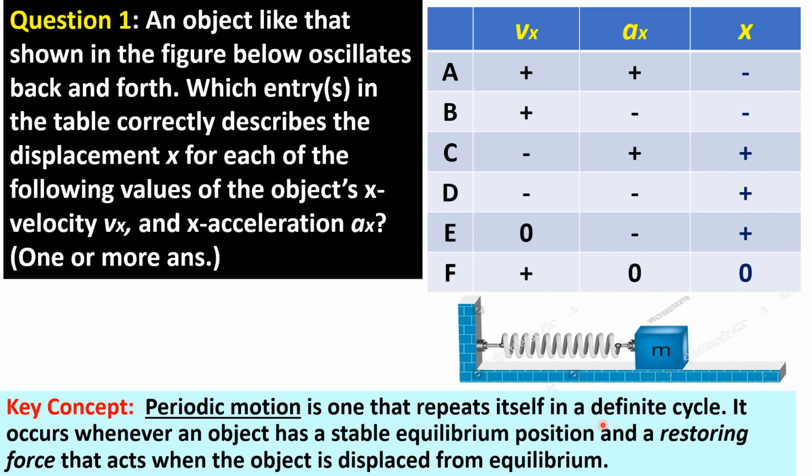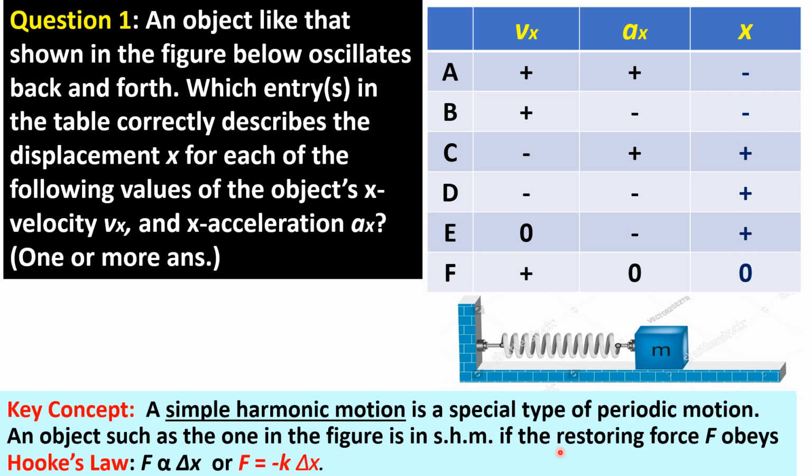It occurs whenever an object has a stable equilibrium position, also known as the relax or rest position, and there is a restoring force that acts when the object is displaced from equilibrium. A special kind of periodic motion is what we call a simple harmonic motion.